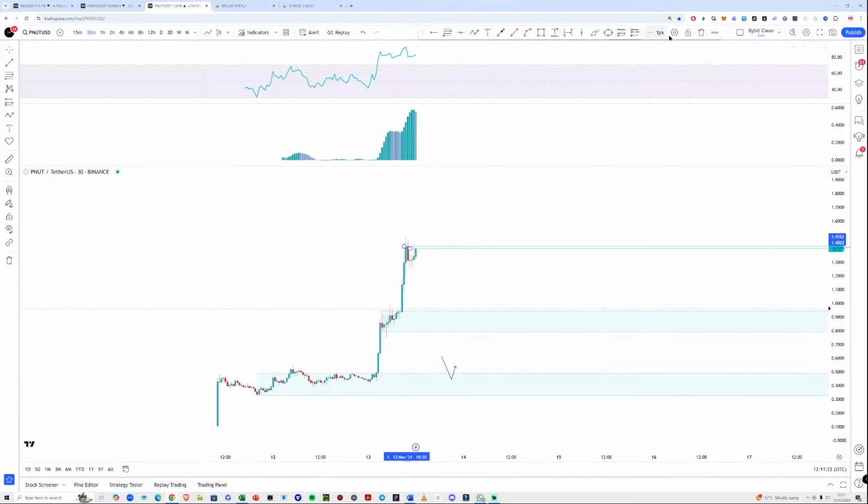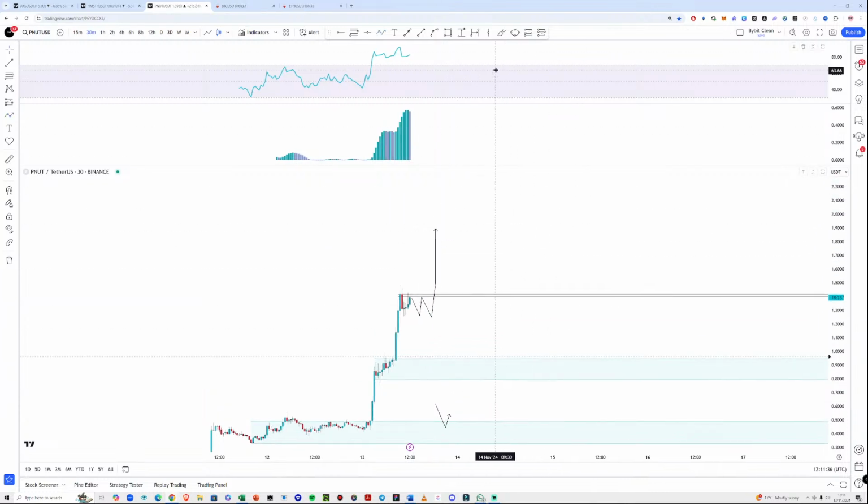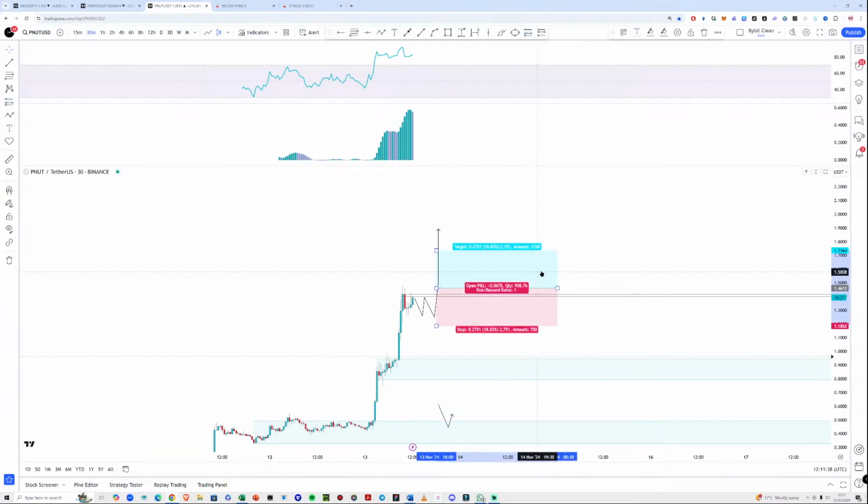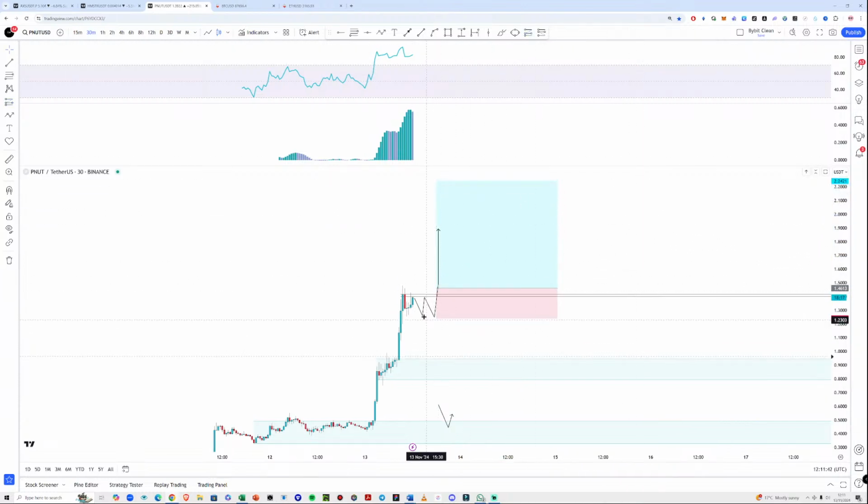SR, consolidation, break, right? And then we play that to the upside, okay? At the moment, it's not good enough to call this resistance.